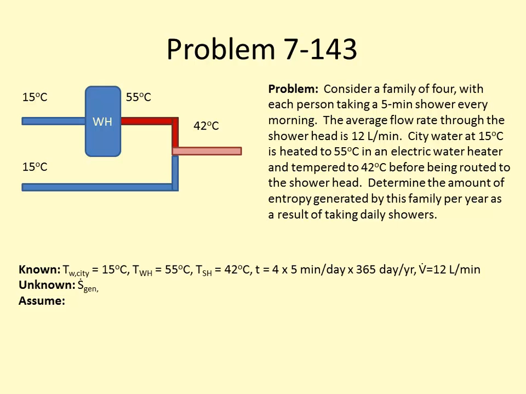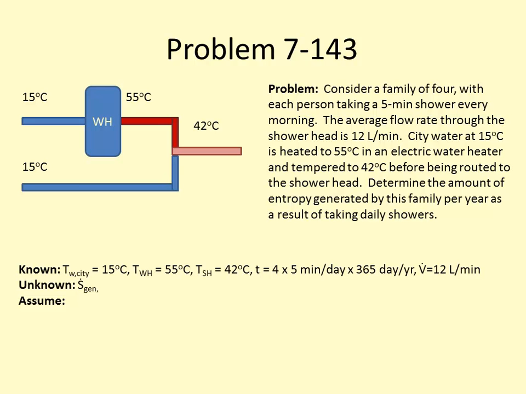Then if we multiply it by the time interval, so times 7,300 minutes per year, is equal to 32,558 kilowatts per Kelvin times a year. Oh, wait.